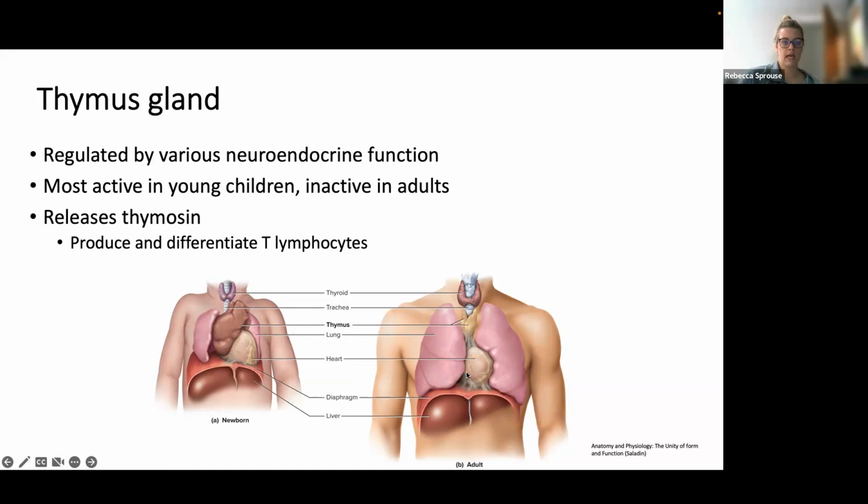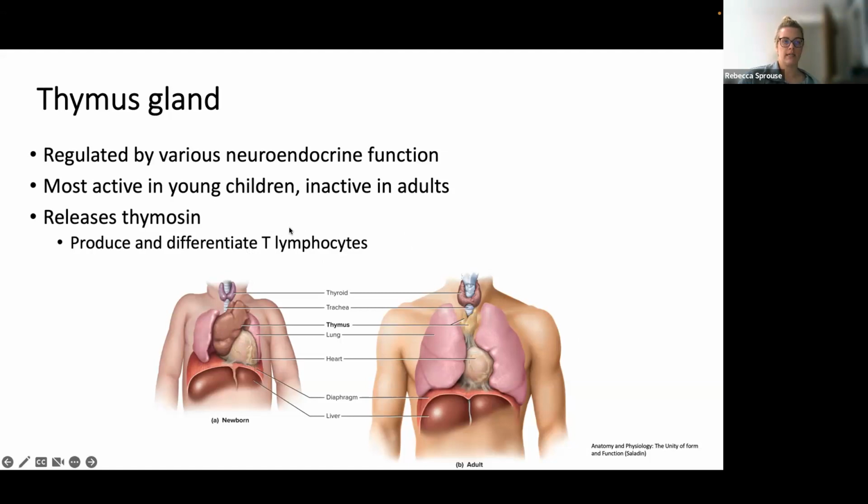Hopefully you said because those children need to develop their immune system at a young age. And adults, we already have the majority of our immune system in place. And so we don't necessarily need it. It actually turns into fatty adipose tissue in an adult. But essentially the thymus, if you remember from histology, releases a hormone that helps produce these T lymphocytes, which are a type of white blood cell.